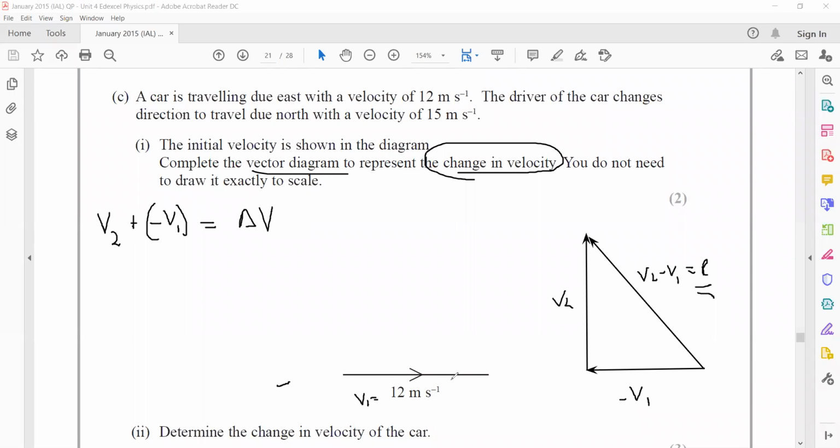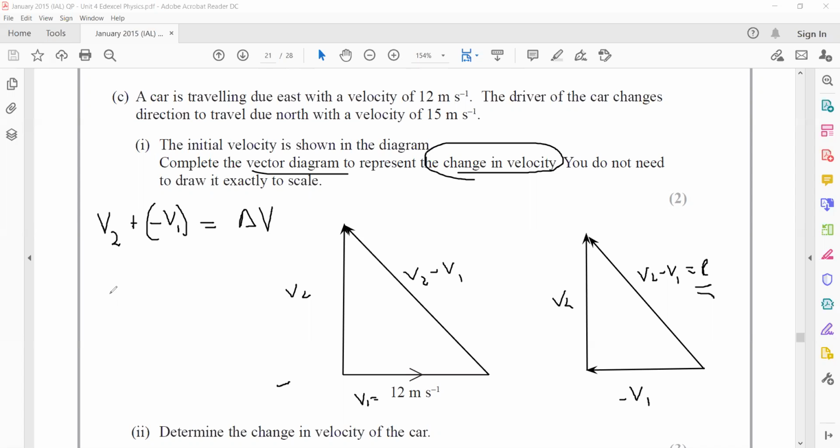When we complete this vector diagram, we don't have to show the arrow here, but basically it's opposite. Then we draw the second vector, V2, and the resultant vector is from the tail of the first to the head of the last. So this is the resultant of V2 minus V1.